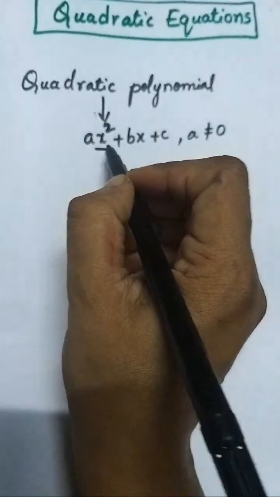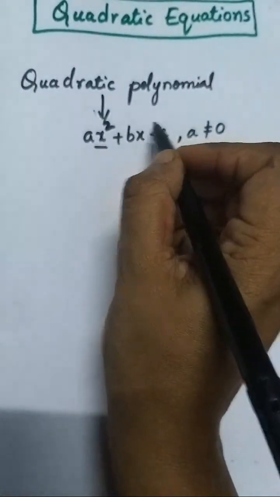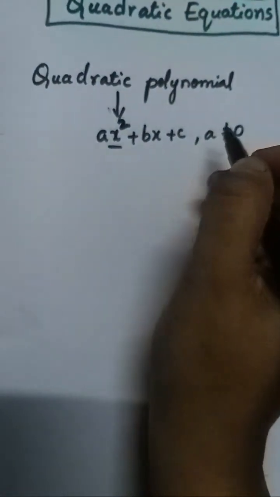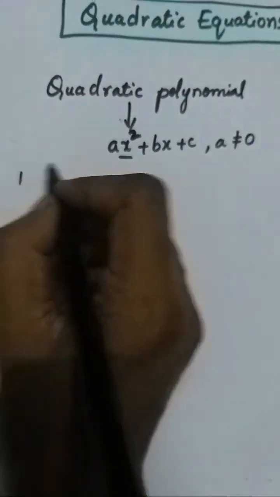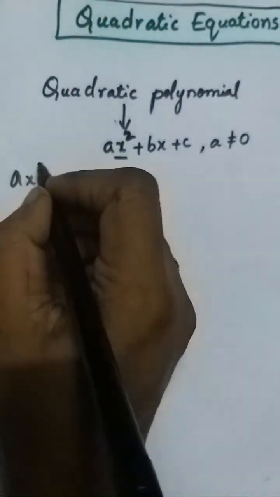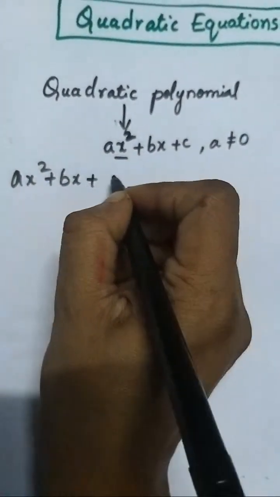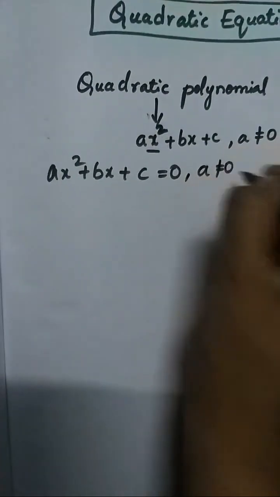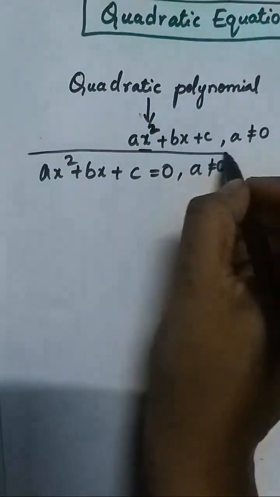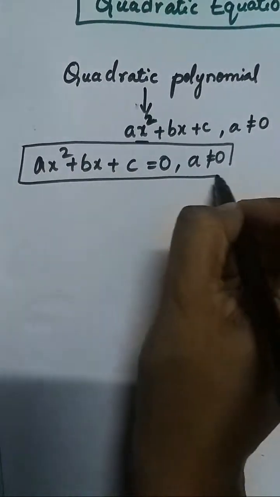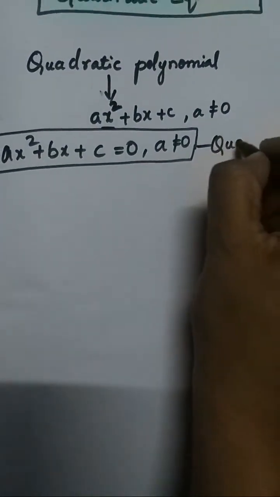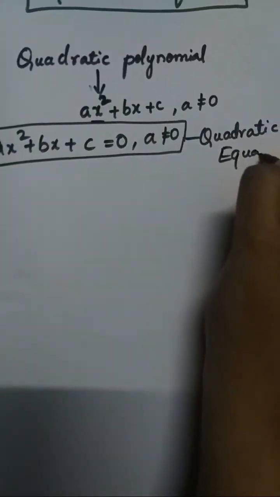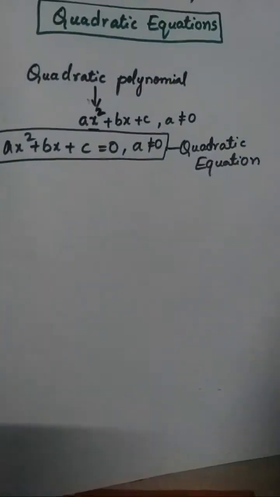What is the degree of x here? 2. And here it is 1. Here it is 0. This is in decreasing order. When we put ax square plus bx plus c equal to 0, where a is not equal to 0, then this is converted into a quadratic equation.